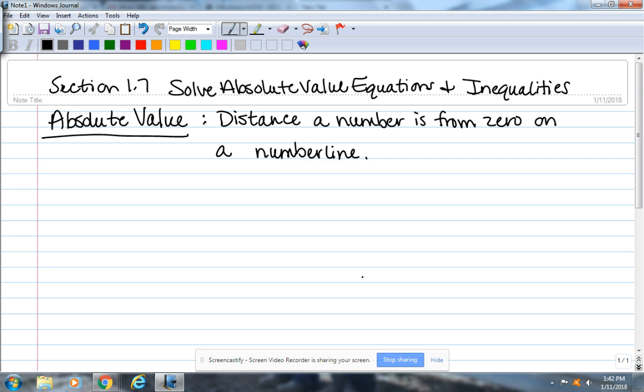So absolute value is a distance a number is from 0 on a number line.